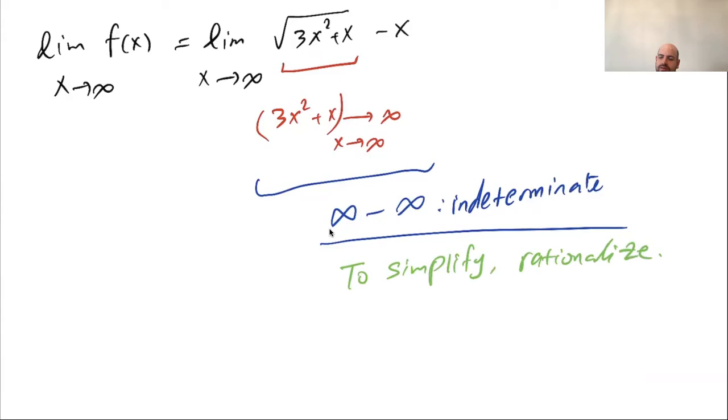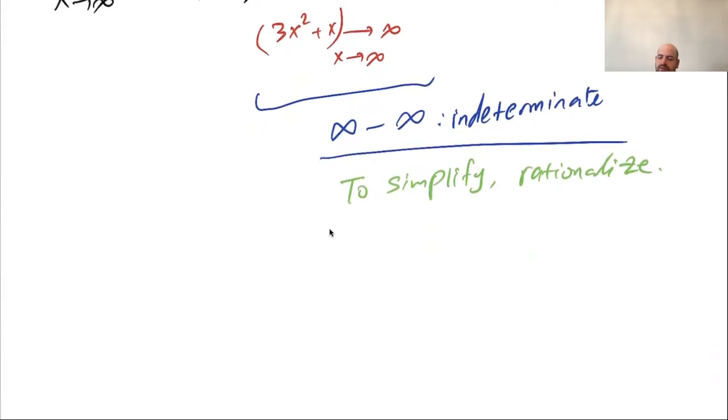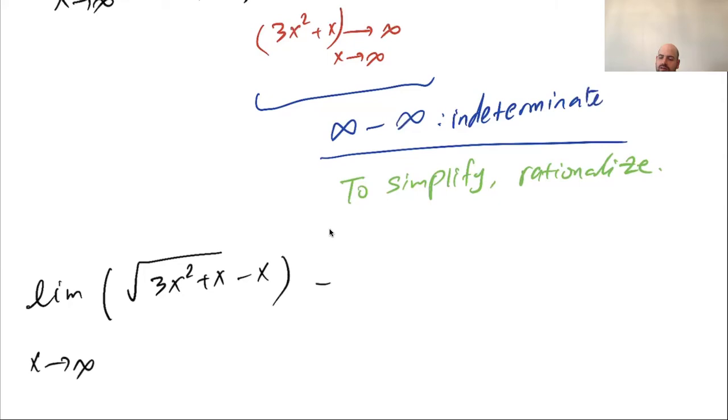Let's see what happens. So we have the limit of root 3x squared plus x, and then minus x, as x goes to infinity. I'm going to divide and multiply by the conjugate of this.